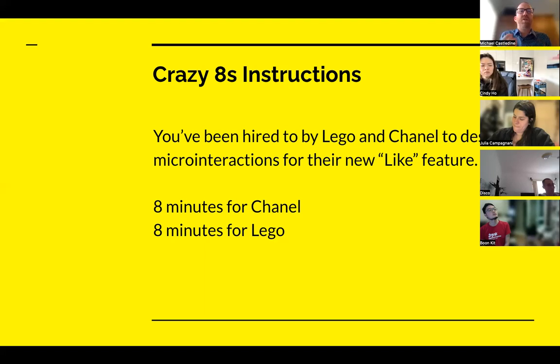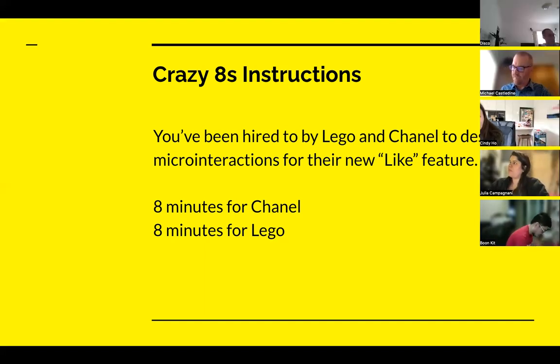Or just start to create some ideas of how you'd animate that heart. So we're storyboarding this, sketching it out, but these are 8 quick ideas, and I'll start the clock. We'll start it now, go.